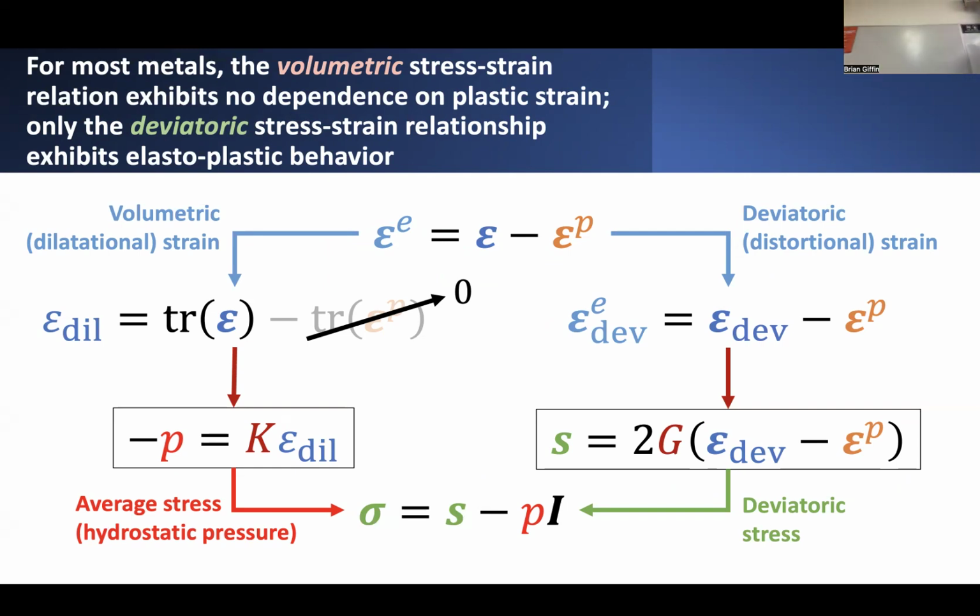So in other words, regardless of what's happening in the material, regardless of whether it's being subjected to plasticity, the apparent average stress or the internal state of uniform pressure in the material doesn't change, even as it's undergoing plastic deformations. The only thing that changes is the deviatoric stress. That's the thing that's affected by plastic deformations.